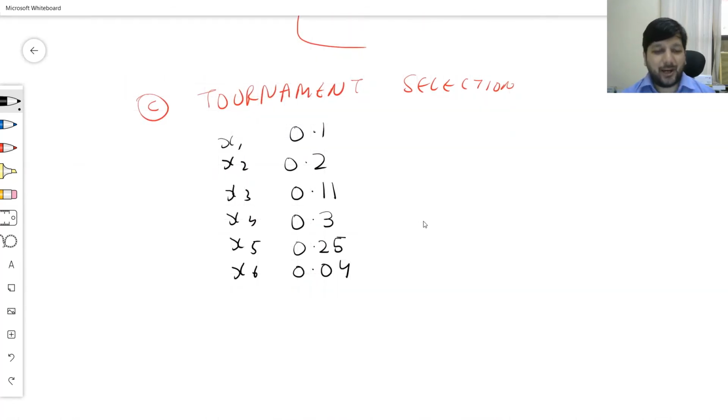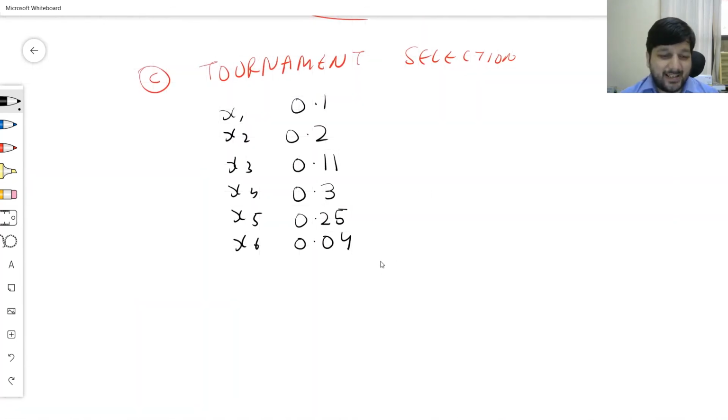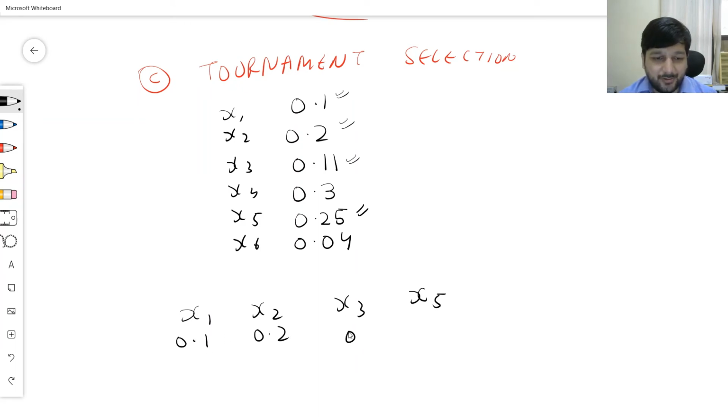Okay, so now what I do is I do it for one individual and I'll repeat it a few times. So I select random individuals. So my random individuals are x1, x2, x3, and x5 with probabilities 0.1, 0.2, 0.11, and 0.25.